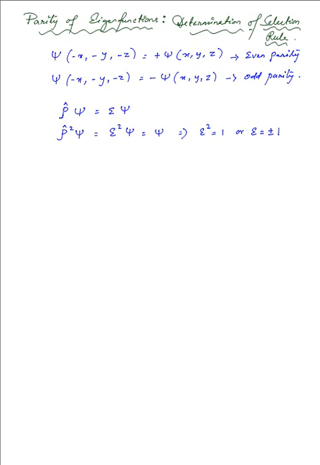If we consider the eigenfunction of a one-electron atom, the eigenfunctions are described in spherical polar coordinates. When the rectangular coordinates change from x to minus x, y to minus y, and z to minus z, the spherical polar coordinates r, theta, and phi, as we know them, change in value like this.